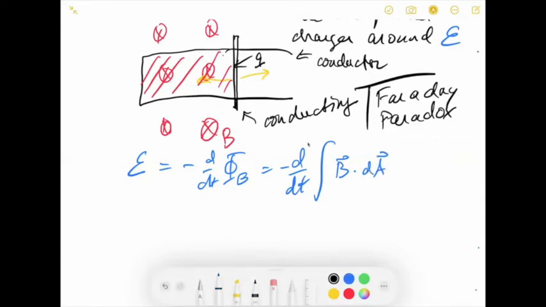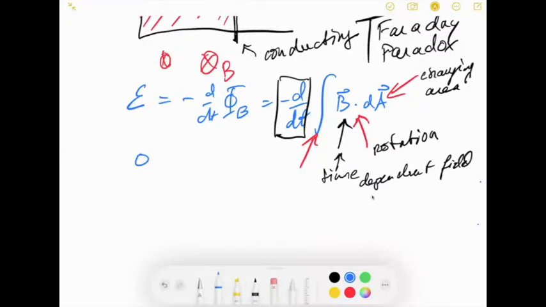So we can change this as a function of time. We can change the dot product as a function of time, so if we rotate the loop around, or we could change the surface area as a function of time. And we can even move the entire loop, so basically change the contour integral as a function of time. Either one of those, as long as that thing seems to be changing, then we will get an EMF. And that's why oftentimes you'll see this with a total derivative rather than a partial, to make it explicit that you have to look at all these second order effects.